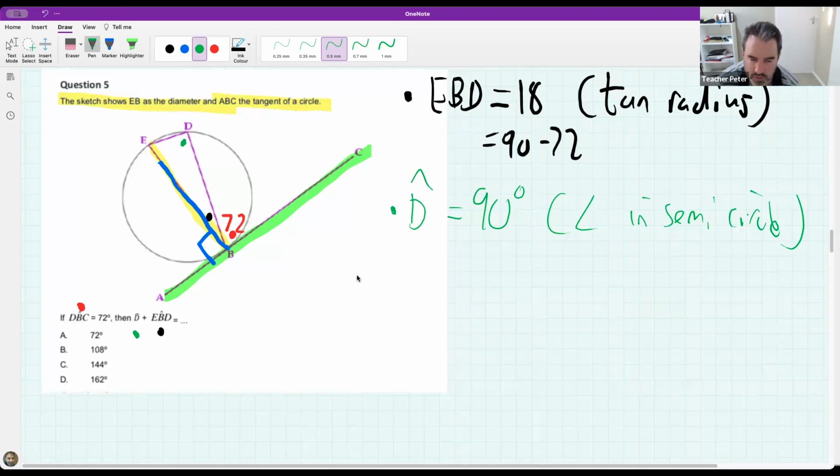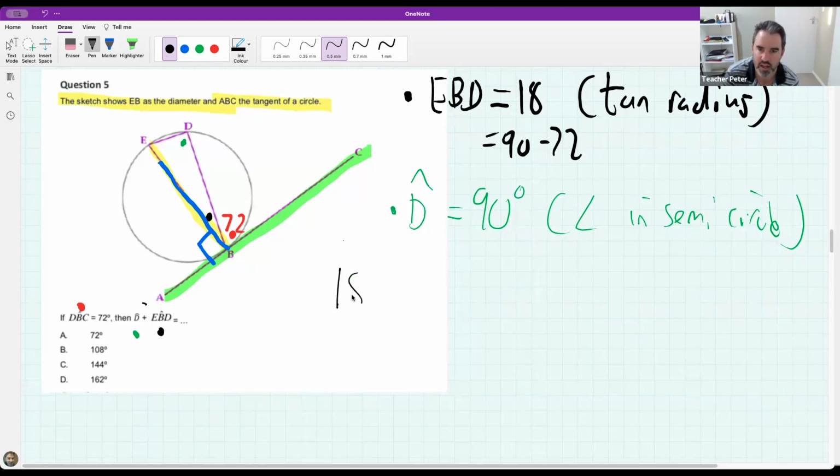What do they think the correct answer is going to be? Is it going to be A, B, C, or D? But remember, it's asking you what is angle D plus angle EBD? What is the green plus the black?